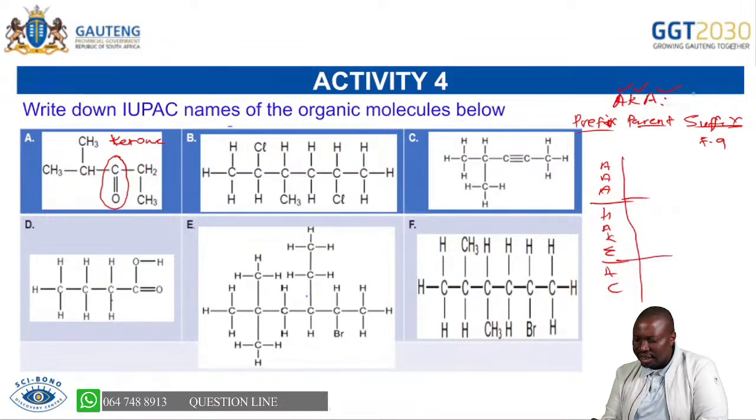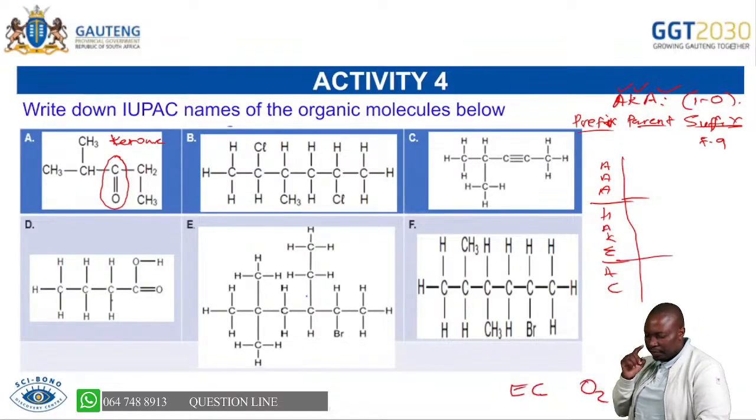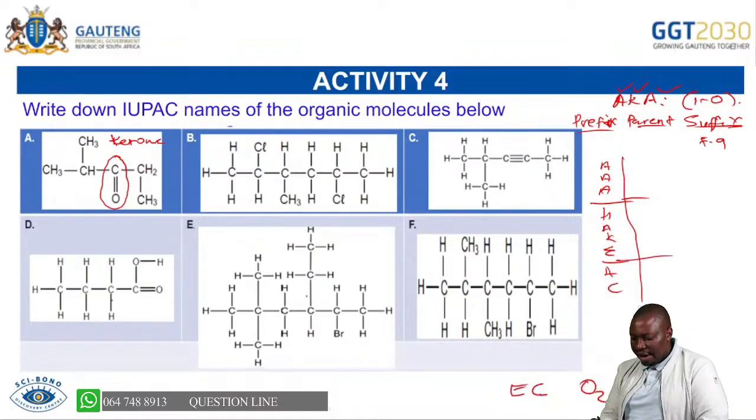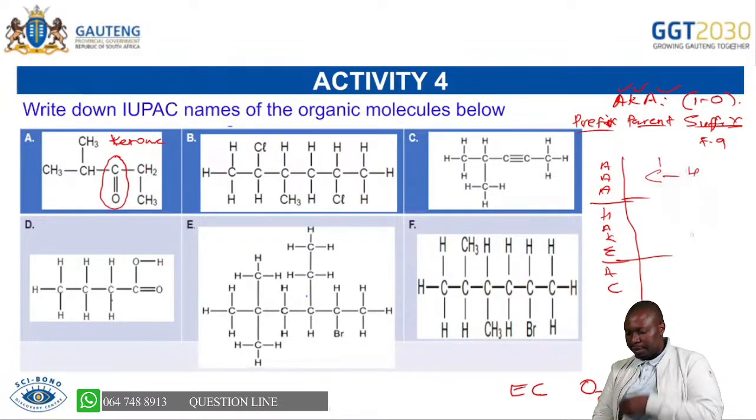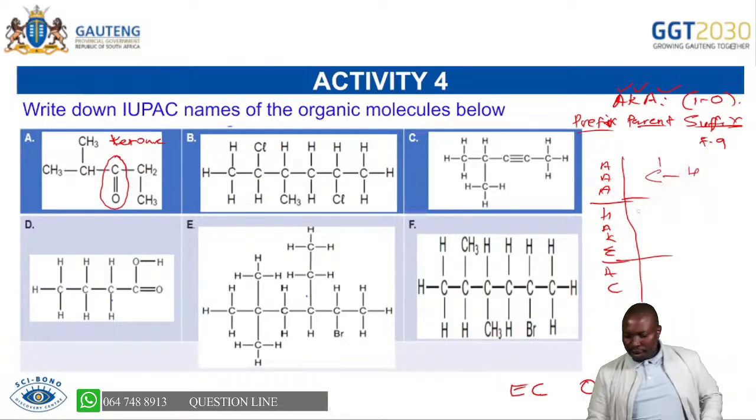These 3 have 1 oxygen. So always remember that. The ones with 2 oxygens, we said is Eastern Cape, EC. It's your esters and carboxylic acids. These ones have 2 oxygens. The ones that have only carbon and hydrogen, we said these are hydrocarbons. This must be AAA: the alkanes, alkenes, and alkynes.